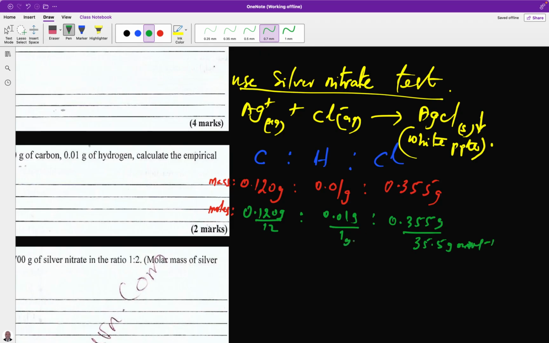All these are gram per mole, so that the gram will cancel and we will be left with the moles.